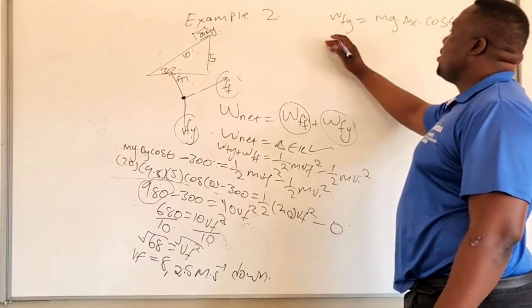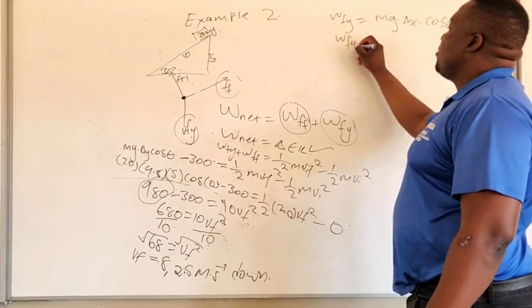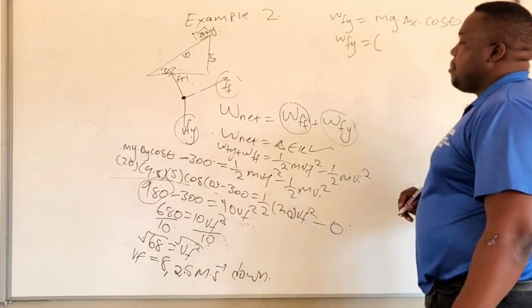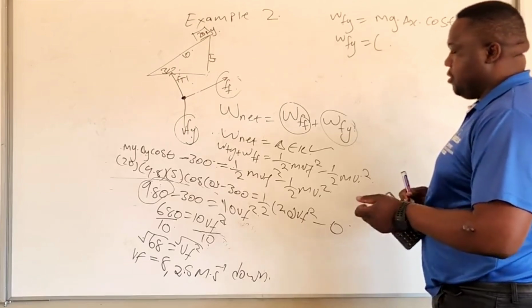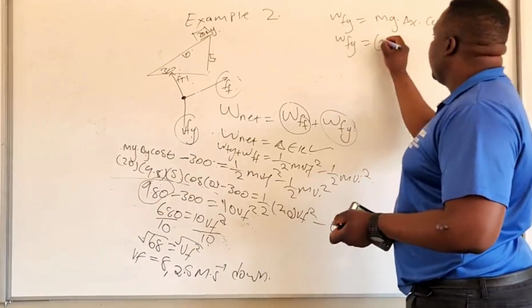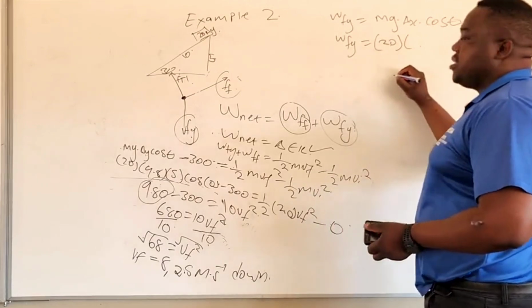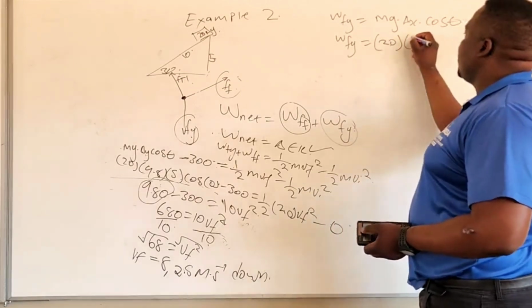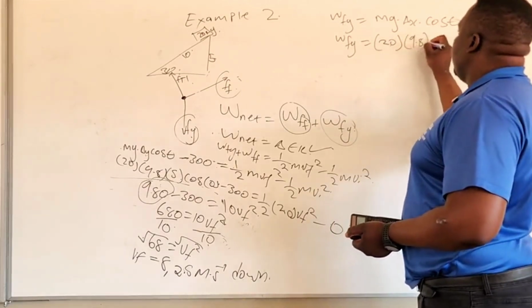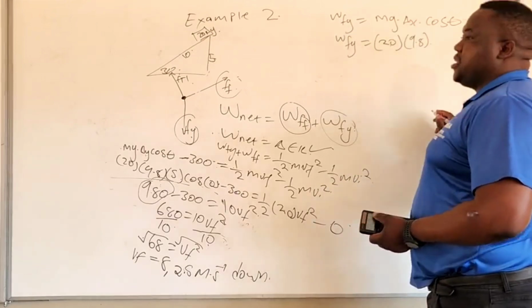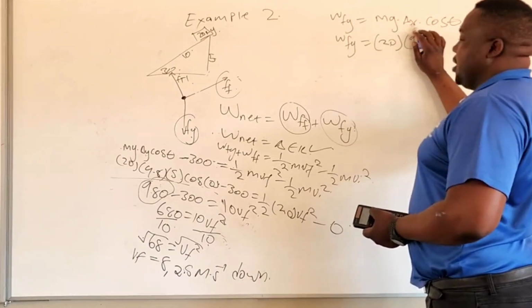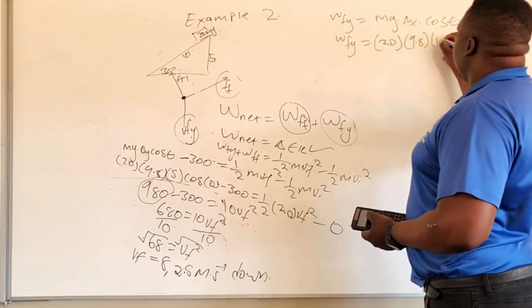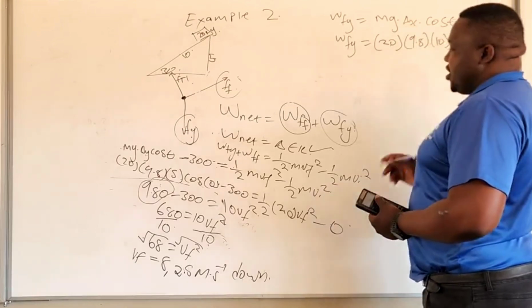Work done by gravitational force is equal to mass of an object, which is 20, then the gravitational acceleration, which is 9.8, then the displacement of that object, it moved 10 units. Then cos theta.